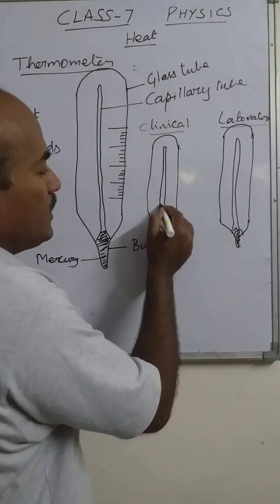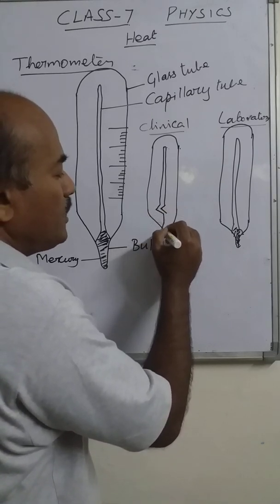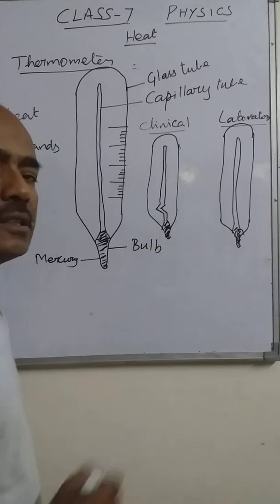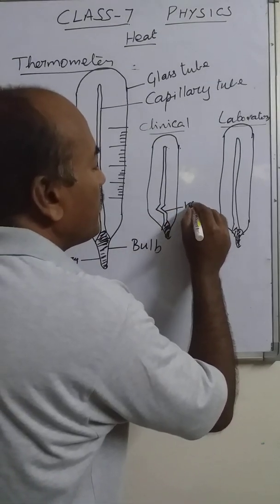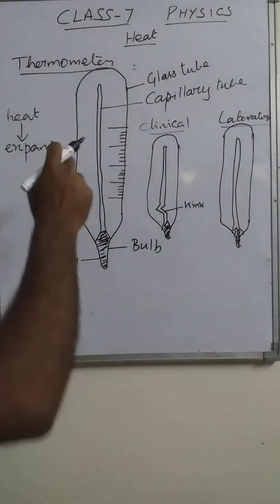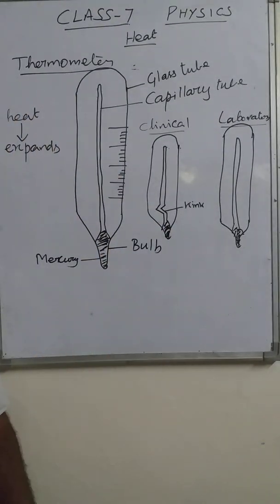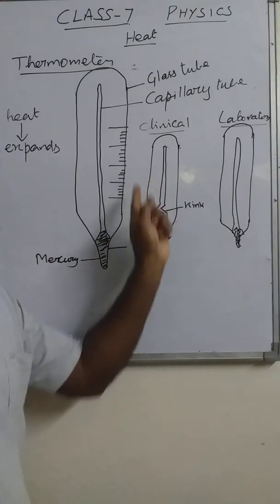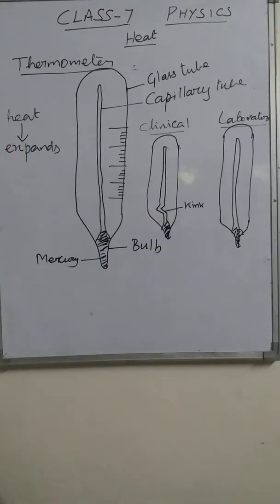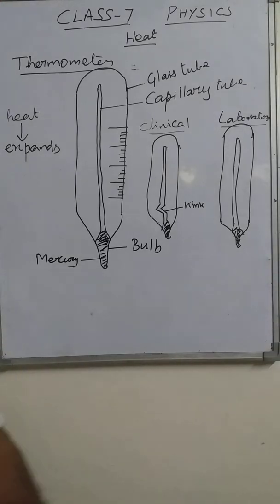In the clinical thermometer, there is a small bend in the capillary tube. This bend, which is known as the kink, provided in the capillary tube of the clinical thermometer, is used to prevent the fall of the mercury level on its own. Once it is used to measure the temperature of a human body, the level of mercury increases.